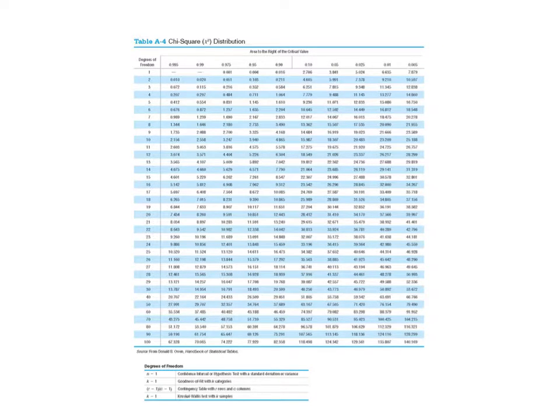Handout here, and we're going to look at the chi-square distribution table. So we need 2 pieces of information. We need the degrees of freedom, which is n minus 1. And if you remember, we found that n was 26, so 26 minus 1 is 25.